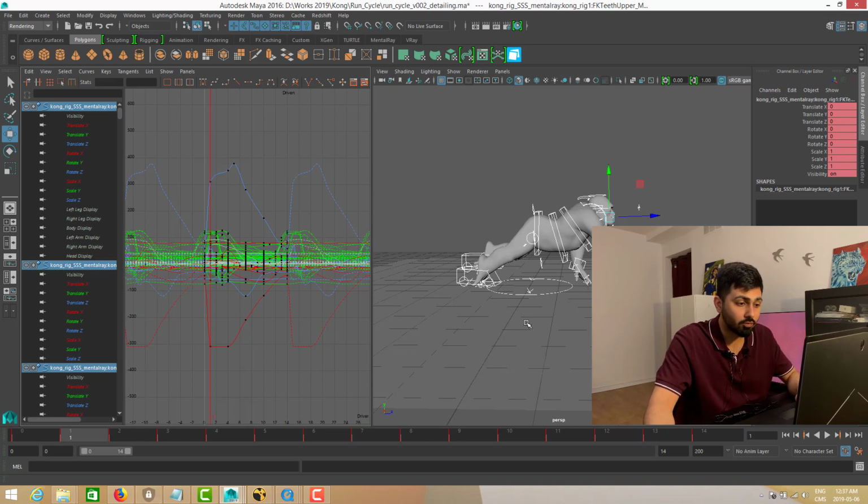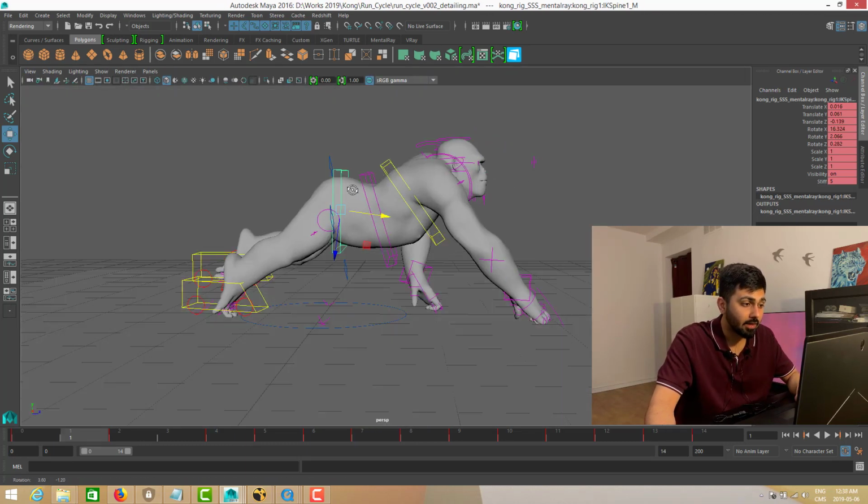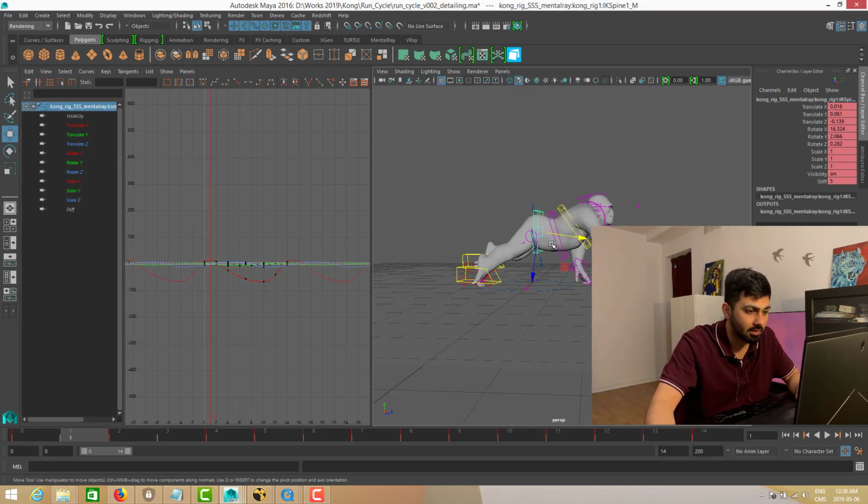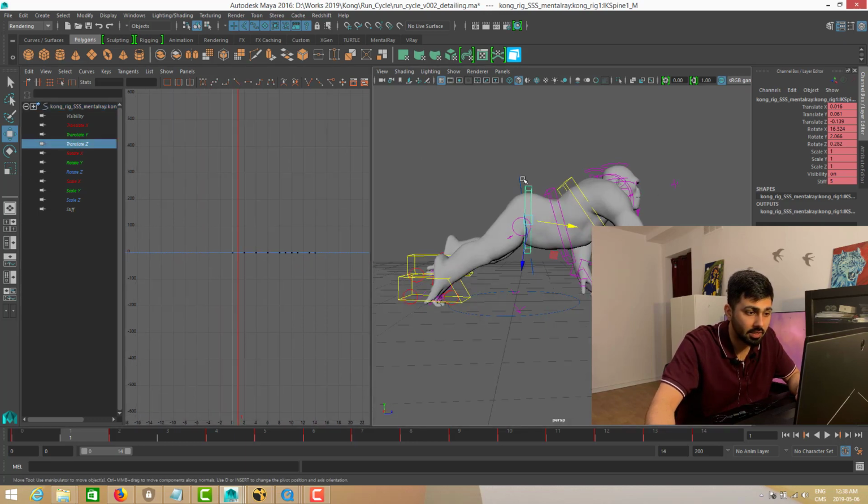For example, you have to observe on which frame his back body is the lowest, and on which frame the back body is on the top. If I open up my graph editor, here the up and down is Z, because my COG is rotated.